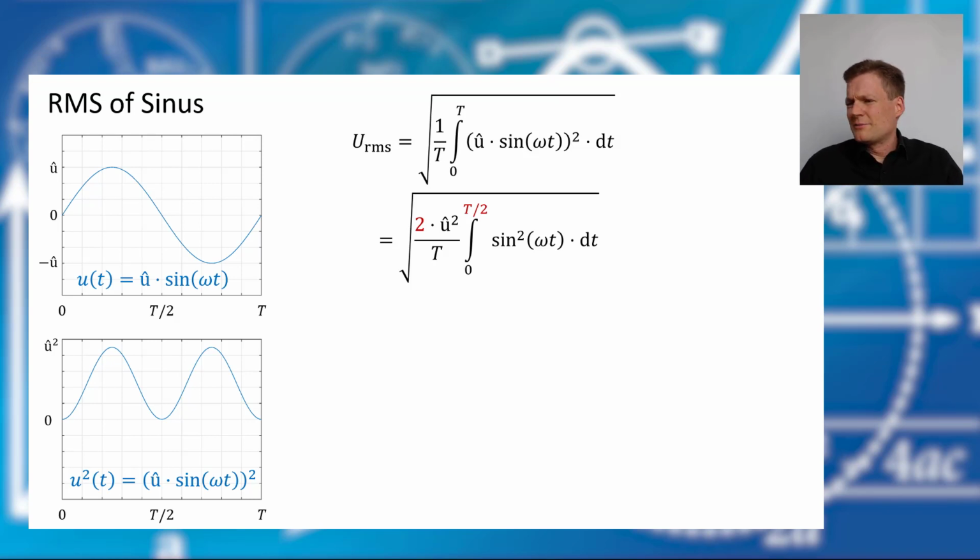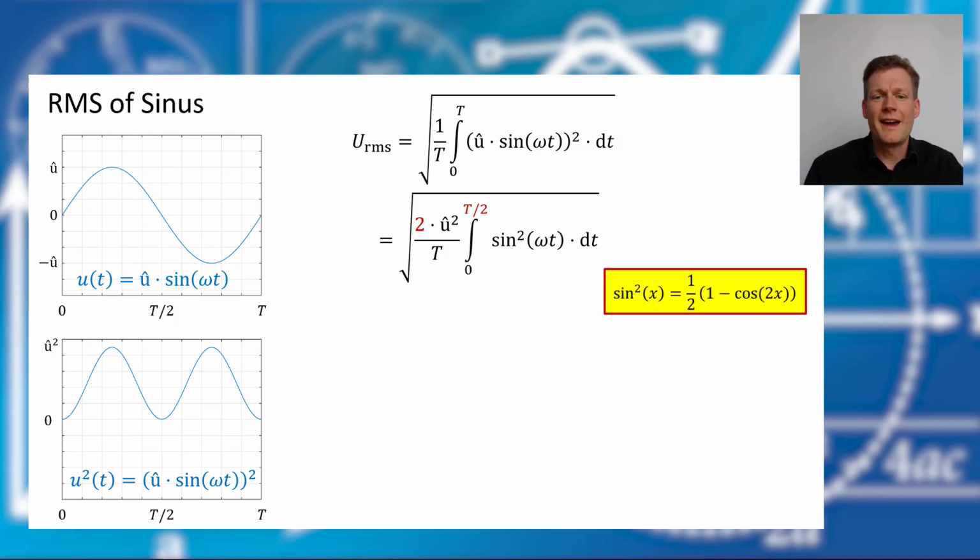Okay, and I don't like this integration over sine square. It's hard to get the primitive of that, and therefore I have a look in a mathematical book, and it says that sine square of x is the same as 1/2 times (1 minus cosine of 2x).